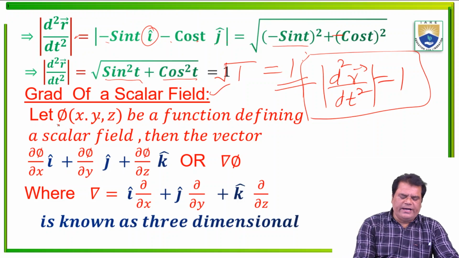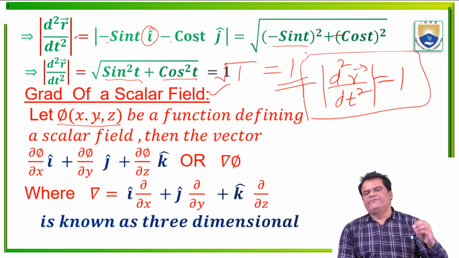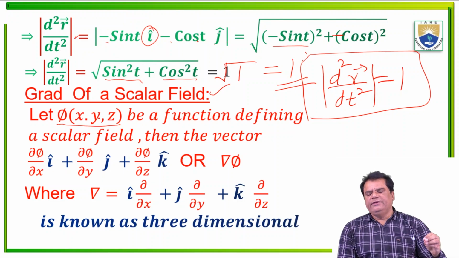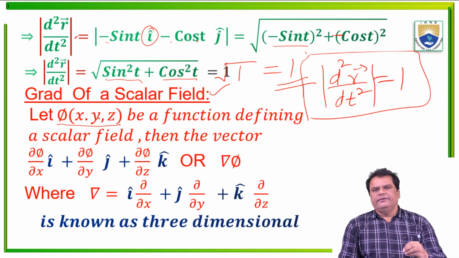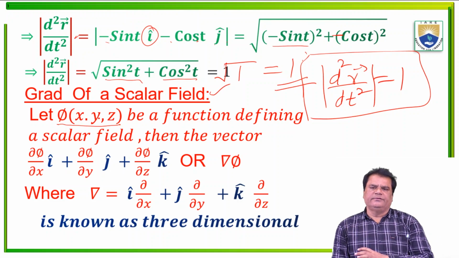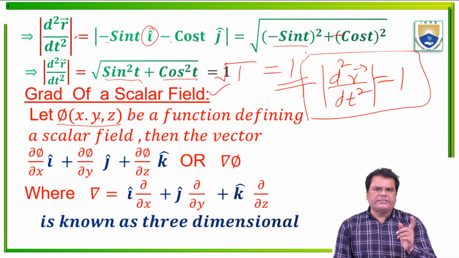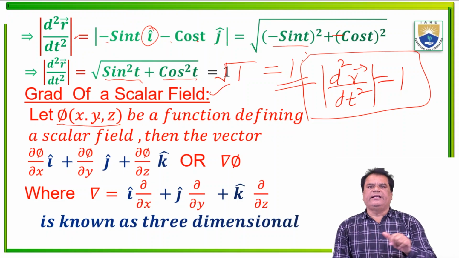Let phi(x, y, z) be a scalar point function, which is given at any point in three-dimensional coordinate geometry. (x, y, z) is the point, and phi(x, y, z) is the function at that point.